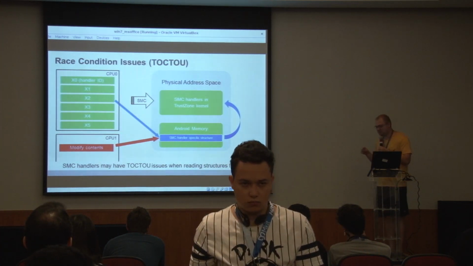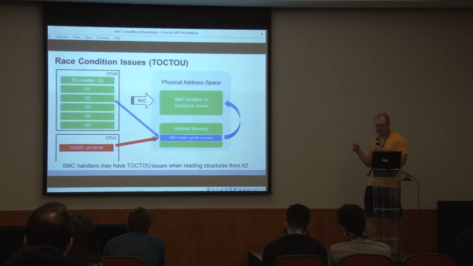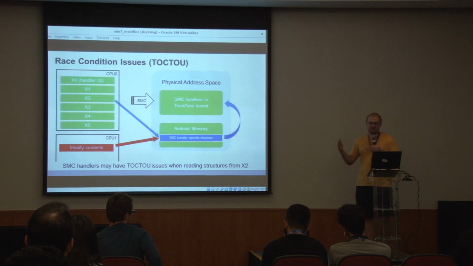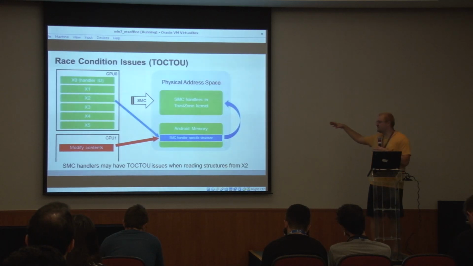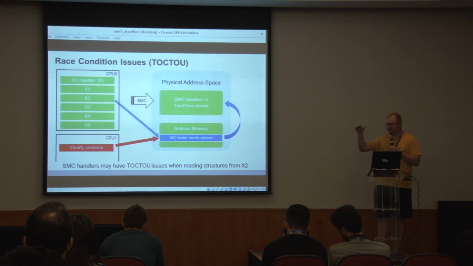When you call an SMI in an x86 system, the SMI waits until all of the cores go into SMM. But in ARM, that's a really good vector because you can find by static analysis the buffer which is passed from the normal world to the secure world and figure out whether there is any window between checking and using that buffer.